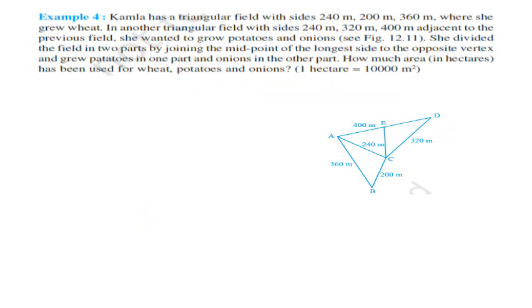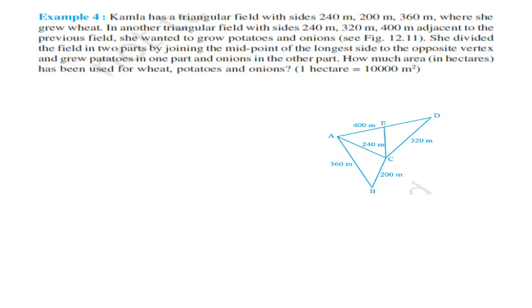Now, one question. Kamala has a triangular field with sides 240 meter, 200 meter, 360 meter where she grew wheat. In another triangular field with sides 240 meter, 320 meter, 400 meter adjacent to previous field, she wanted to grow potatoes and onions.